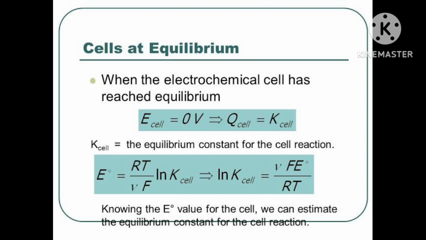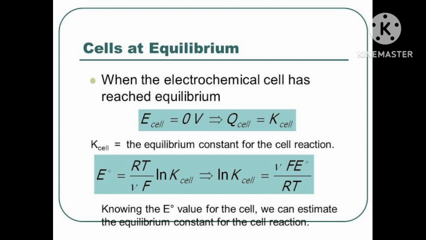Correct? Now if you want to know the value of log Kc from this relation, then you can easily calculate it, because standard Ecell is equal to 0.059 divided by 2 log Kc. Then what will be the log Kc?